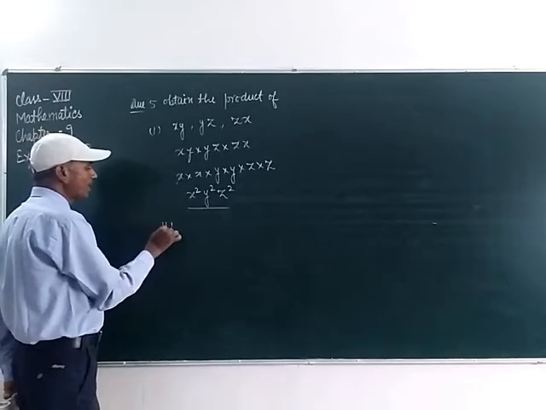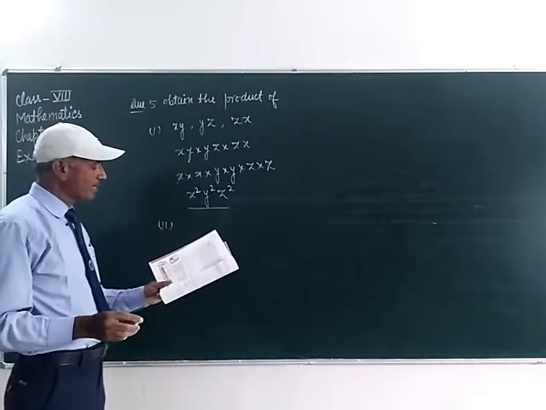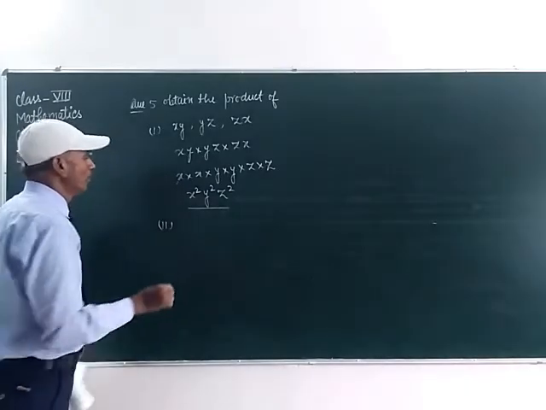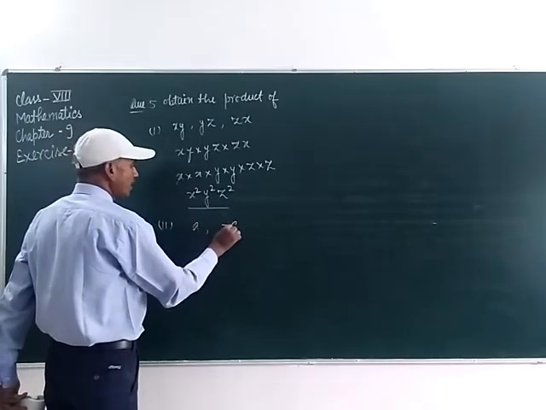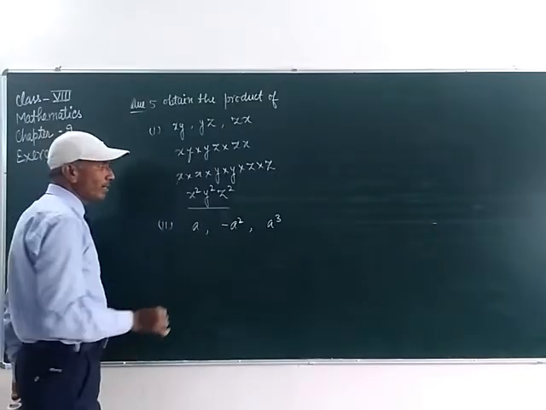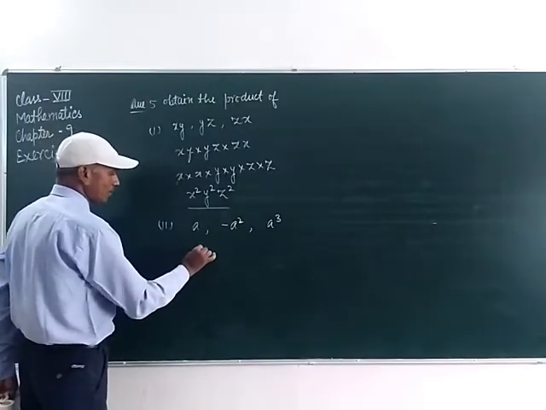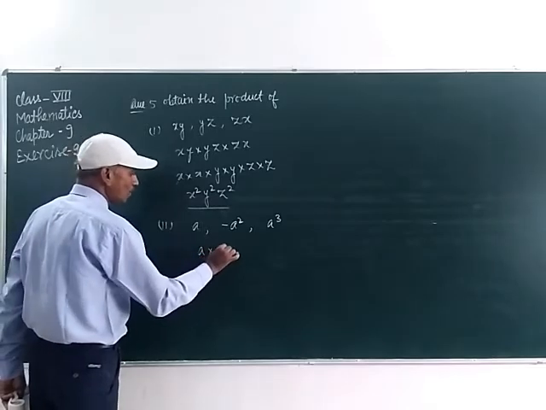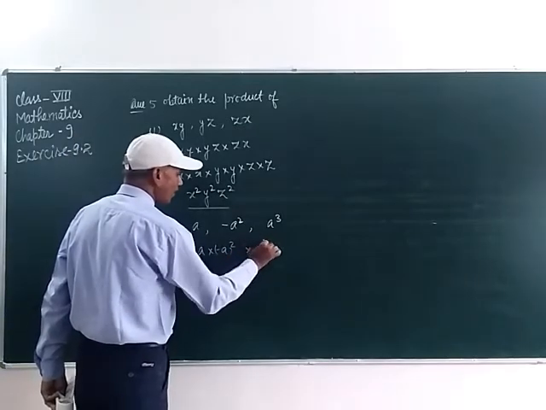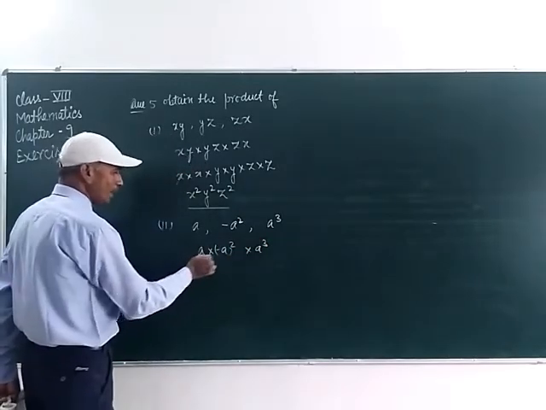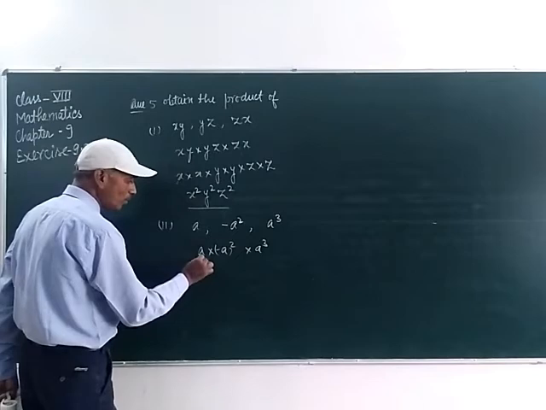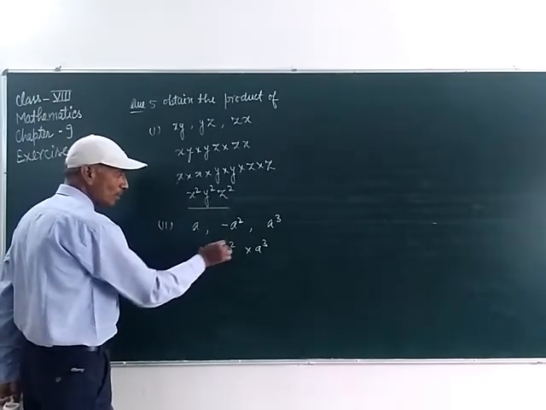Now second part of this question, student, and that is a, minus a square and a cube. Now we have to find the product of these three monomials. So first of all, a into minus a to the power 2 into a to the power 3. So this one will be, student, minus and plus, it will be a into a to the power 2. So a to the power 1 and a to the power 2.